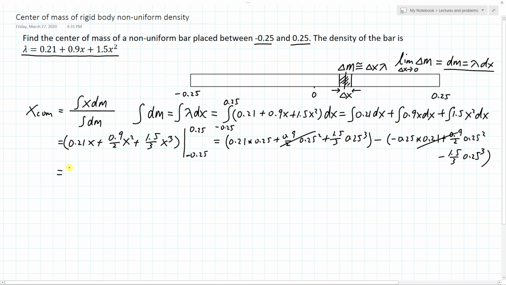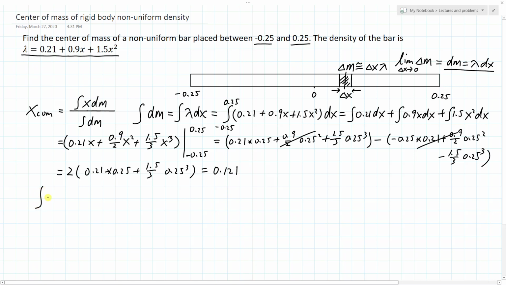So there's 2 times 0.21 times 0.25 plus 2 times 1.5 over 3 times 0.25 cubed. Okay, so you can pull out your calculator and get your answer. And the number is 0.121. Okay, so let's move on to the next integral.